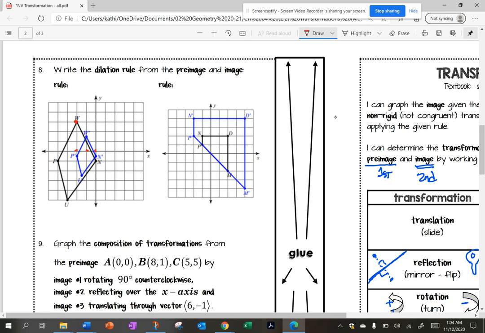W is at the coordinates 1, 2, -2, 1, 2, 3. And W prime is at -1, 1.5.